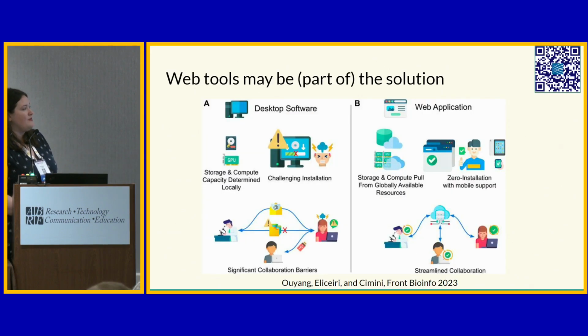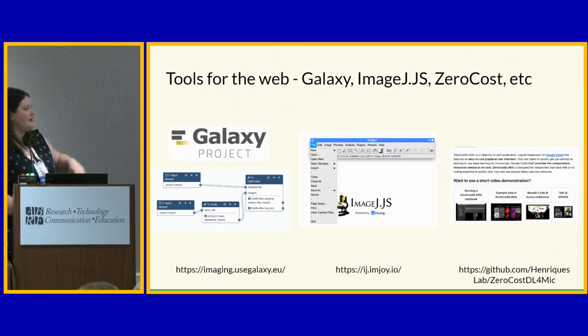But putting things on the web is another major way to go because then people don't actually have to install things. And so, again, this is where I said I'm going to go fast. There's a QR code. Galaxy is a web tool for doing a cloud interface to image analysis workflows. You can have ImageJ in the browser. If you're comfortable with Jupyter Notebooks, you can do image analysis in the browser.